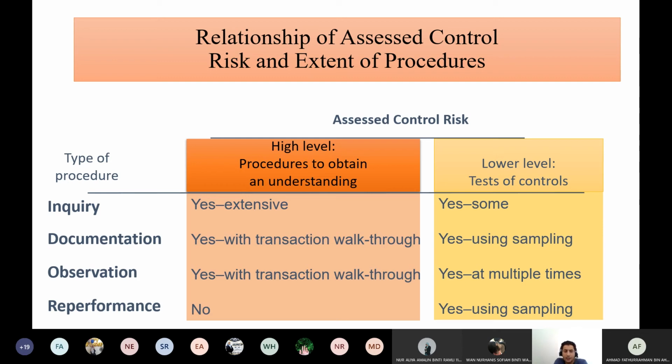In inquiry, usually we do it more extensively at the level of obtaining an understanding of internal control, whereas in the test of control, we do it, but not that much.